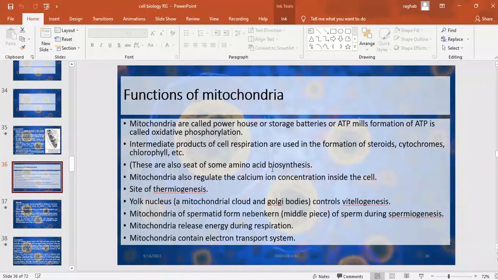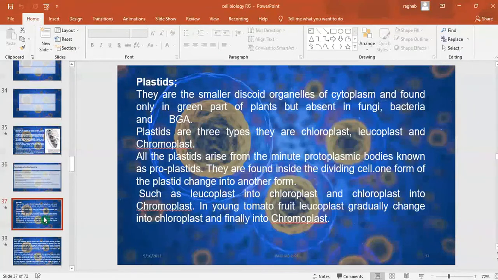So, can you tell me the true example of semi-autonomous organelles? Plastid and mitochondria. Okay, let's start plastids. So, what do you know about plastid? Plastids are found in animal cells.